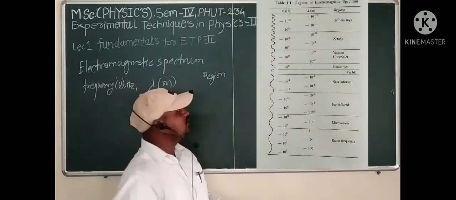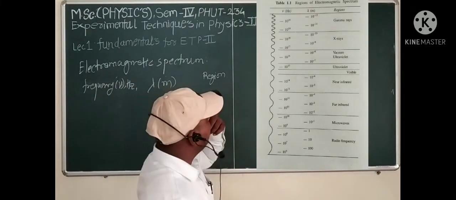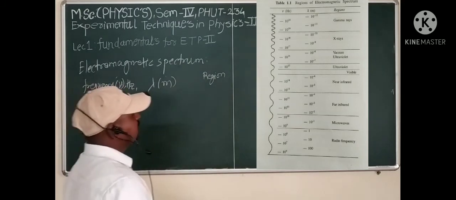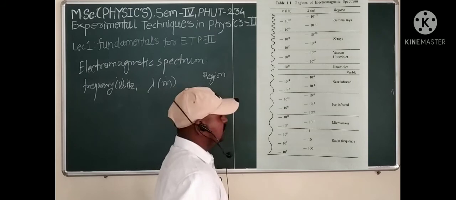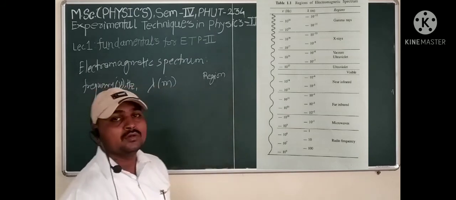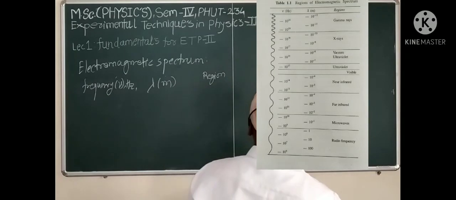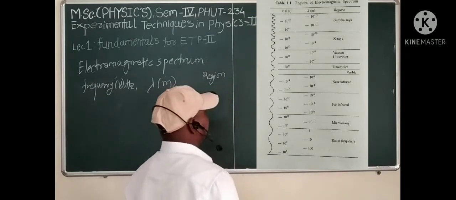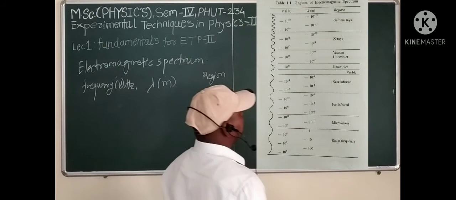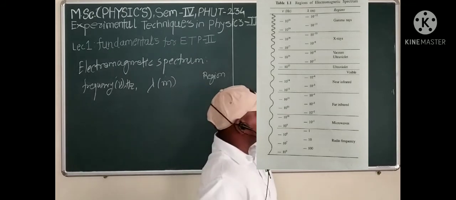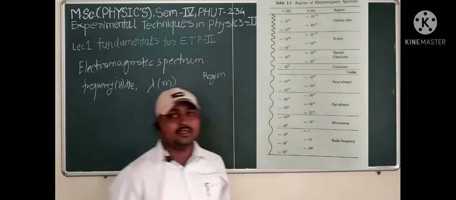As you can see, the first region is for gamma rays, and it has frequency from 10 raised to 20 to 10 raised to 19 hertz, and with respect to that, the wavelength is 10 raised to minus 12 to 10 raised to minus 11 meter. This particular range of frequency and wavelength belongs to the gamma ray region.